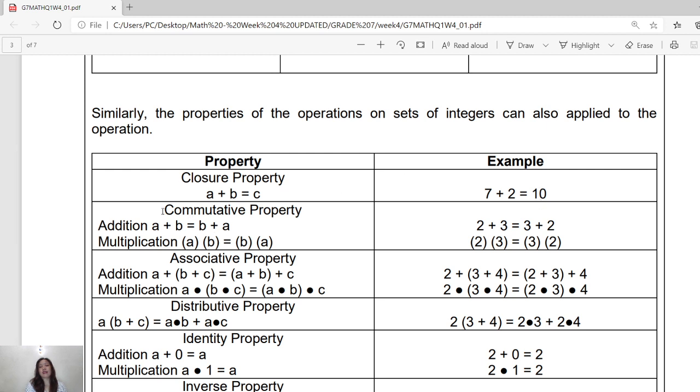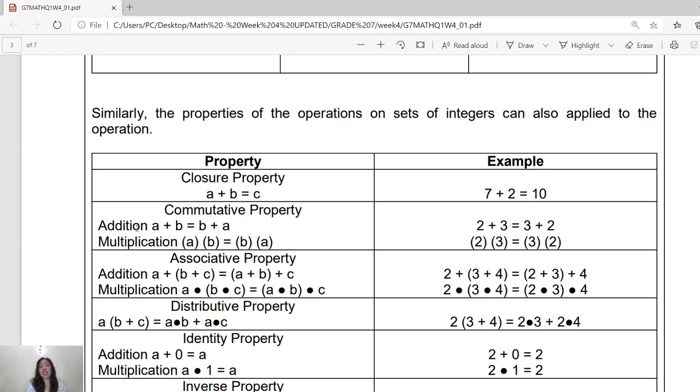Okay, next. Commutative property for addition. There are two: commutative property for addition and commutative property for multiplication. For addition, we have A plus B is equal to B plus A. So changing the order of the terms is just the same.